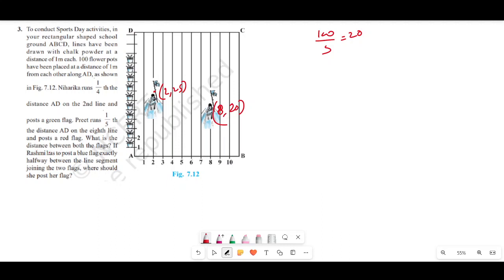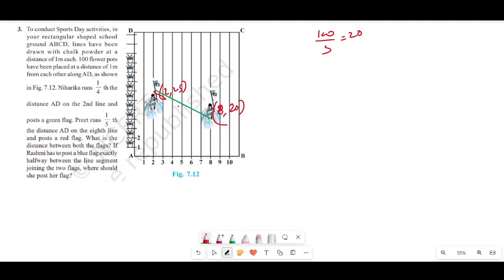What is the distance between both the flags? We will find the distance between these two. Clear? Now find if Rasmi has to post a blue flag exactly halfway between the line segment joining the two flags, where should she post it?